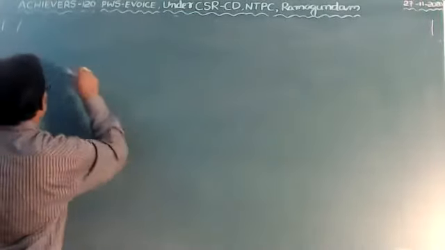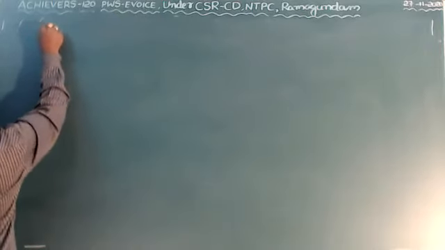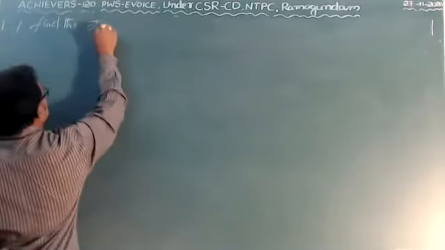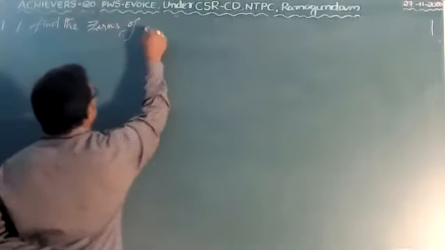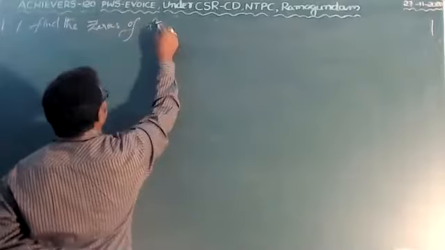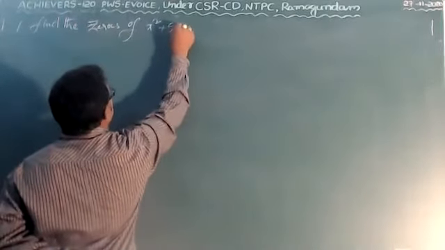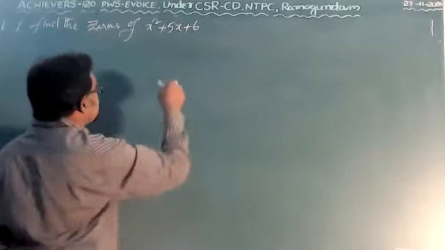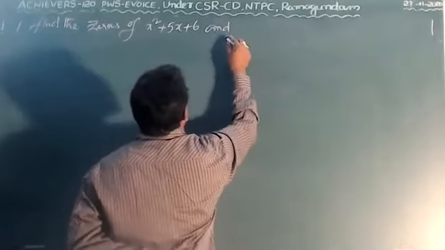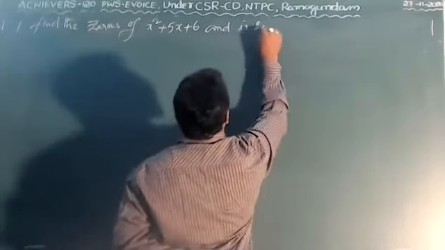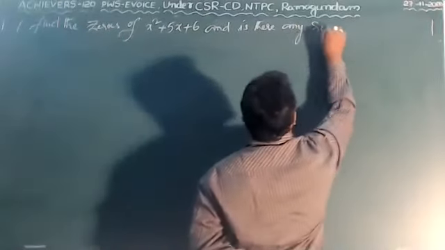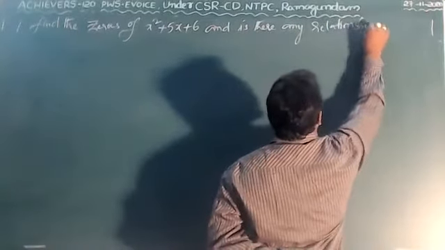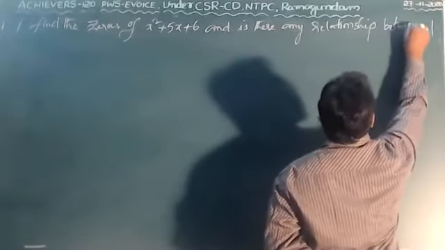Write down one question. Find the zeros of x square plus 5x plus 6, and is there any relationship between zeros and coefficients?